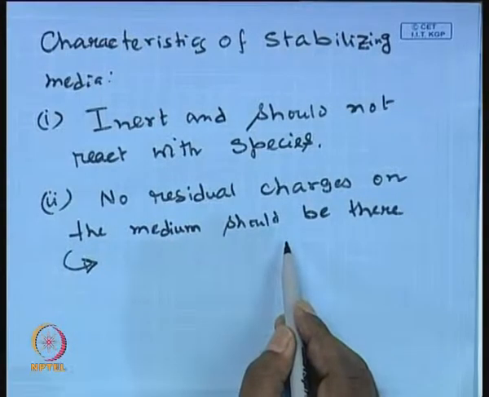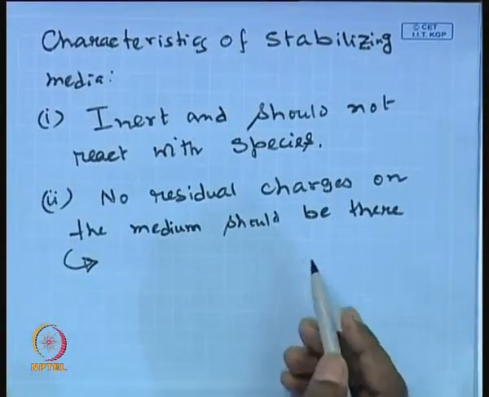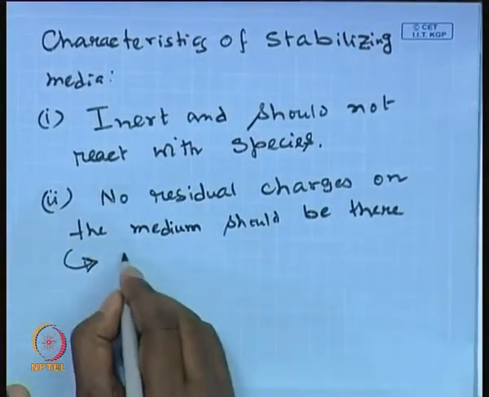So, electroosmotic velocity will be added to the electrophoretic velocity in that case, and the separation will be marred. So, we would like to minimize two problems, one is the natural convection, another is the electroosmotic flow. So, no residual charges on the medium is desired in order to minimize the electroosmotic flow.